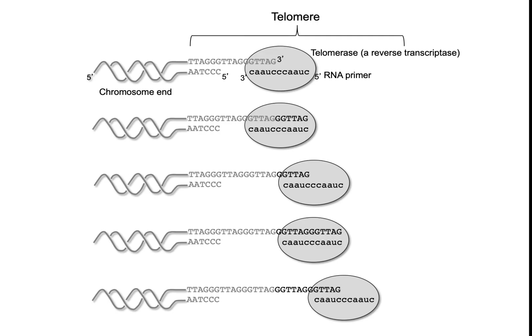And telomeres are added by a protein called telomerase, which is a reverse transcriptase. So each of you in your genomes have telomerases, which are reverse transcriptases, which use an RNA primer to make a DNA copy.